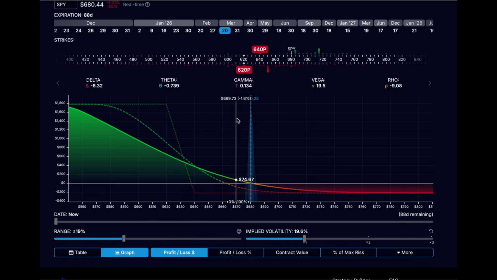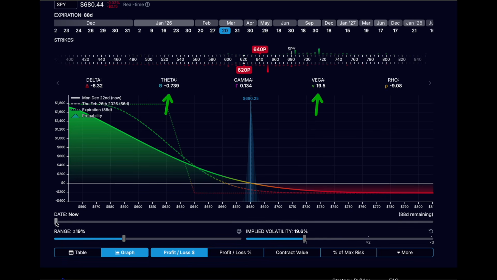Okay, so when we do that, we can see here that theta improves dramatically. It's still negative theta, but it's much improved, and same with vega. Vega dropped tremendously, making this position a little bit more resilient to the passage of time and changes in implied volatility.